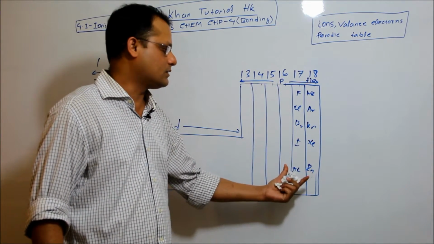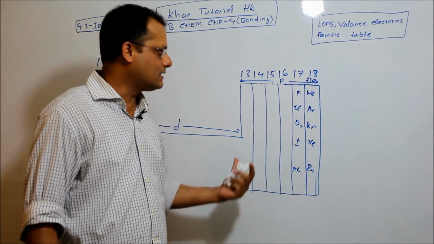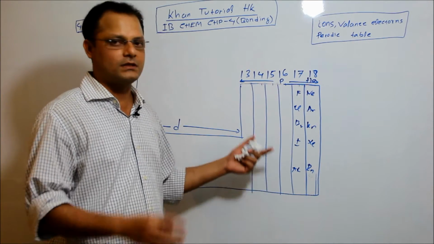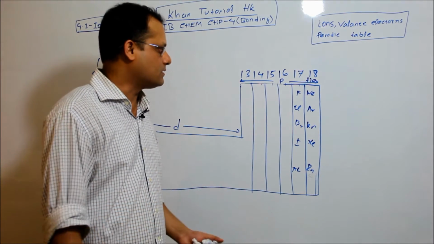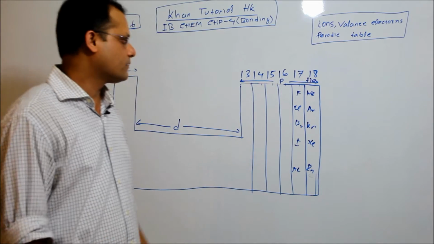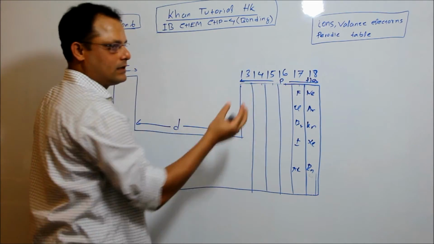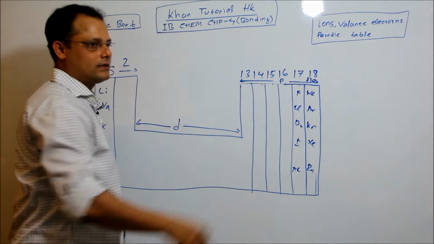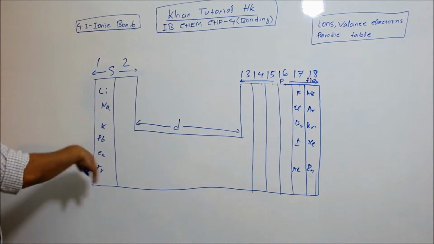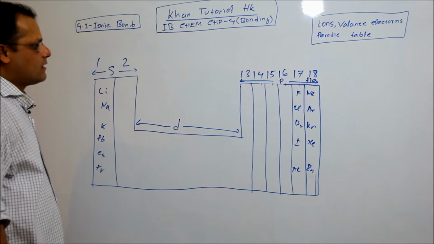They don't like to give electrons or gain electrons, because what they have is already very stable. All the others that are non-metals can gain electrons, and metals can lose electrons.